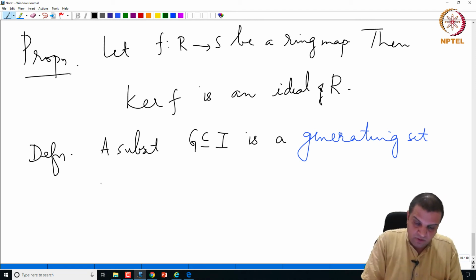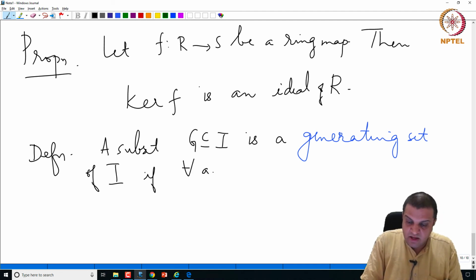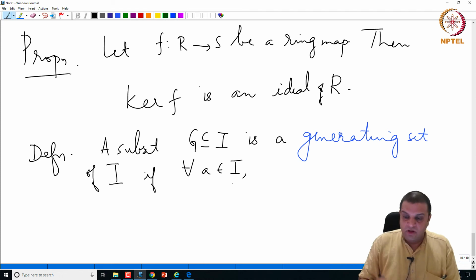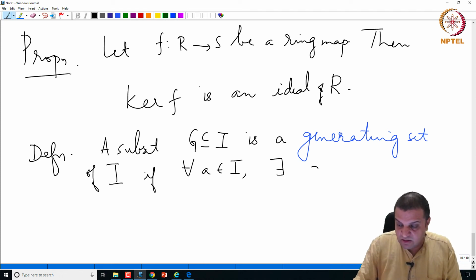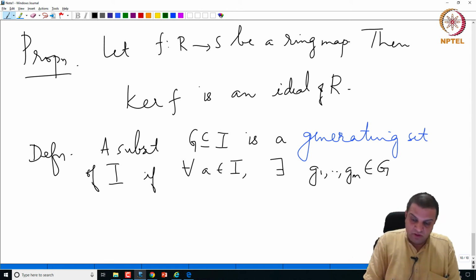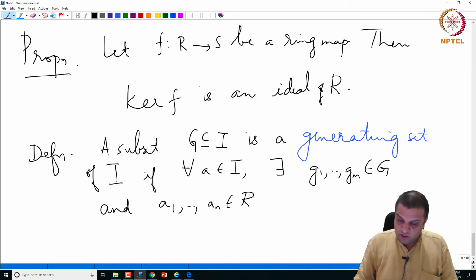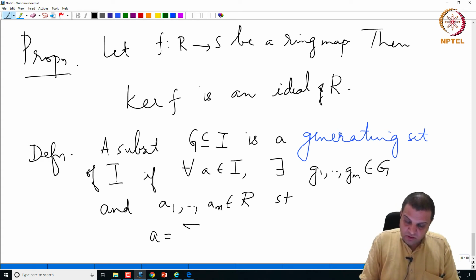G is a generating set of I if for all a inside I there exist a finite number of elements inside G and a corresponding number of elements, m elements here and m elements here from the ring, such that a is the R-linear combination of these m elements.